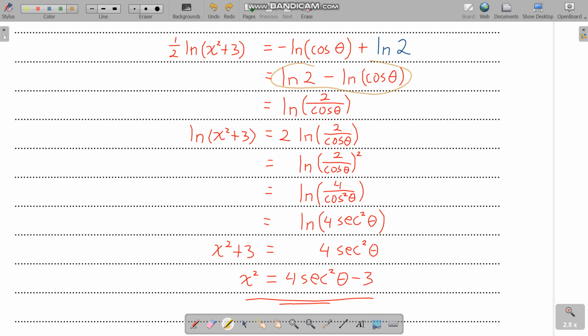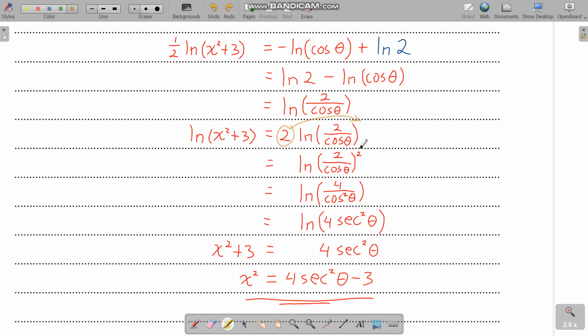We can combine the logarithm. Subtraction means division inside the argument, and we can multiply both sides by 2. So this 1/2 we multiply by 2, and then we have ln on both sides.